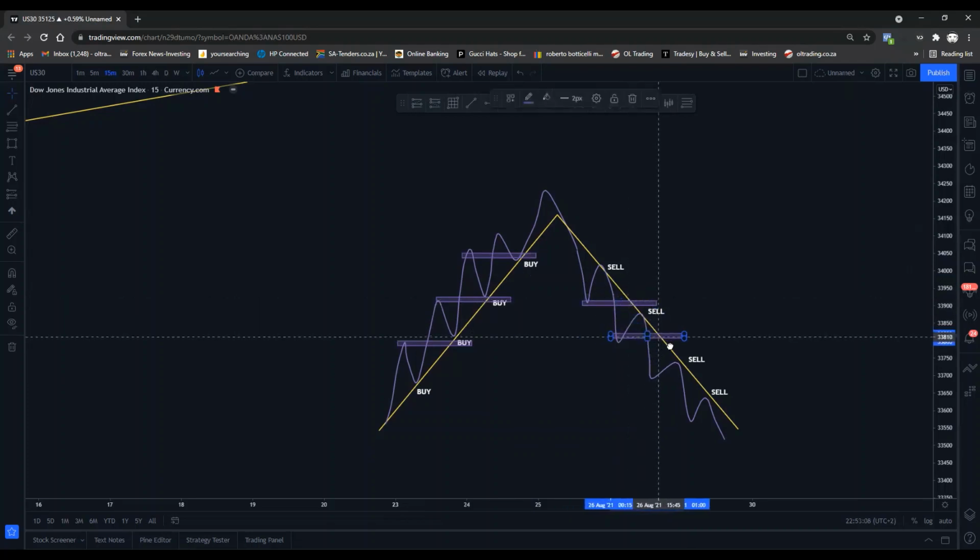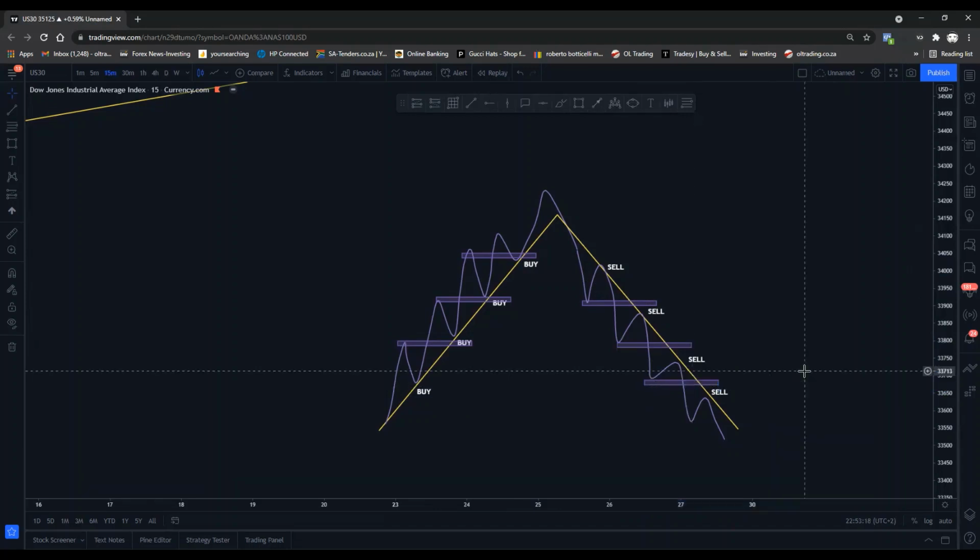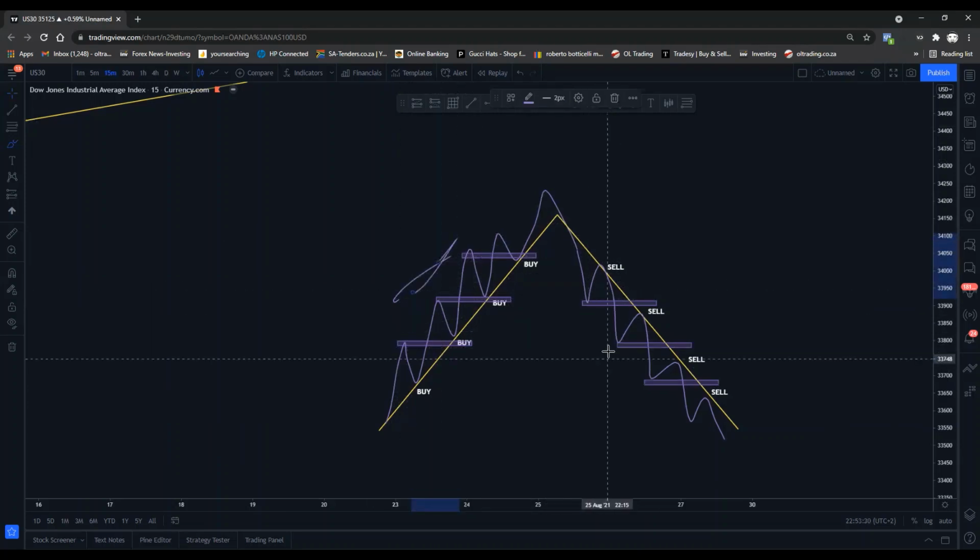And it's not always gonna be cut and dried. Sometimes the market just decides to turn here. So you can see the zones are there, and you have your trend lines, knowing that at this part here you will only be buying when the market is above, and then when it's below you will only be selling.